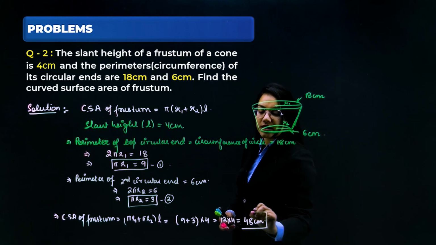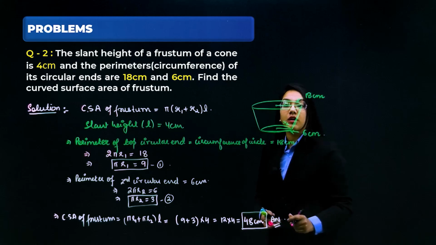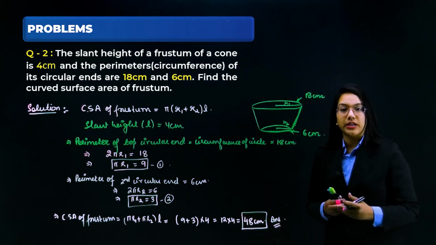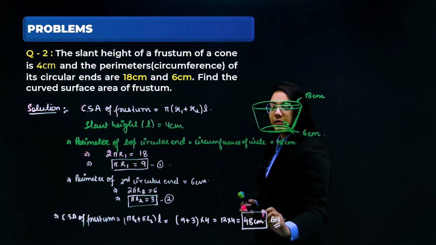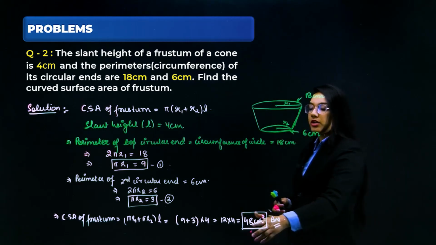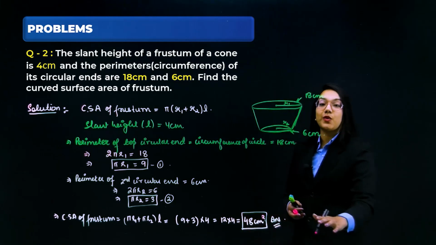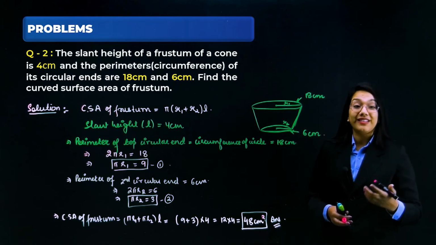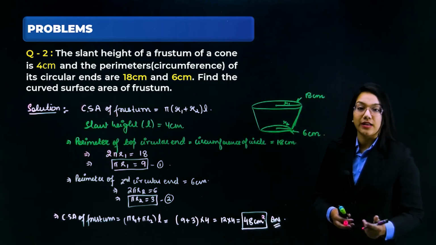So the curved surface area of the frustum is 48 centimeters square, because we are talking about area. Area always comes with the unit being square. So this is 48 centimeters square, and this is the answer for this question.